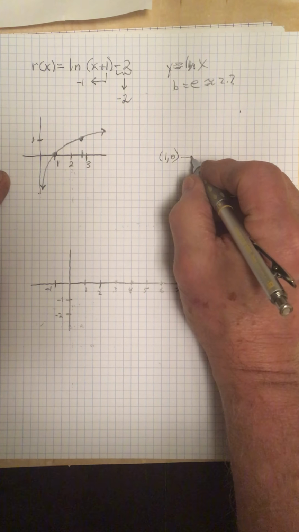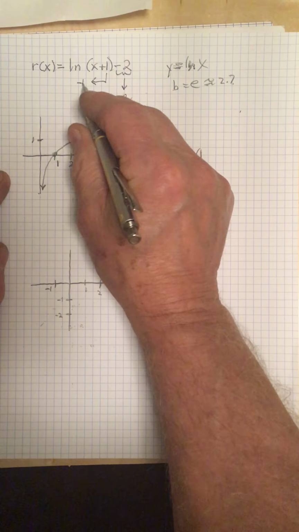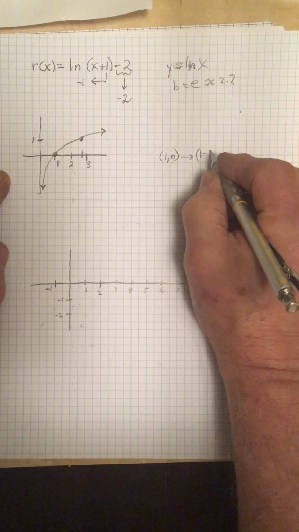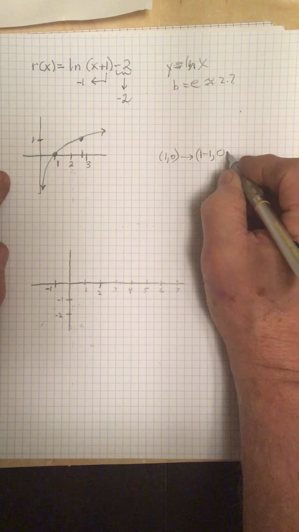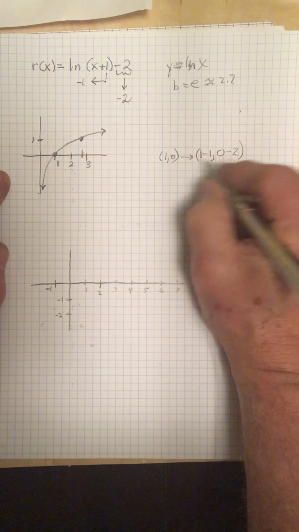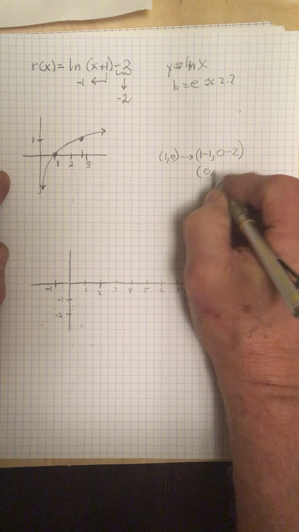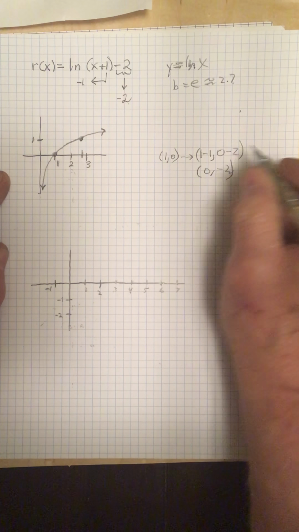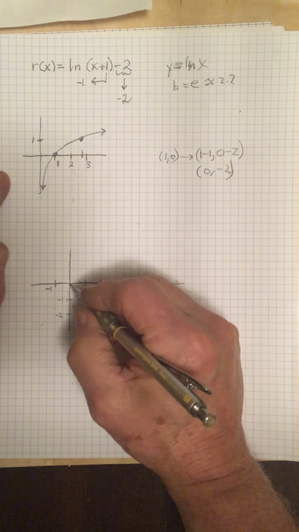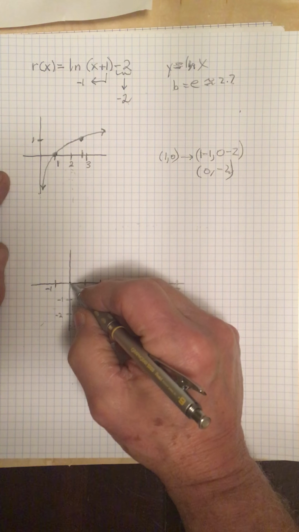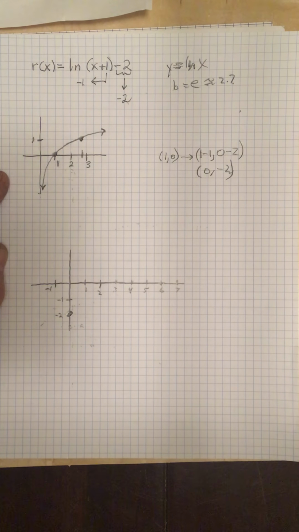But where would this point go? X equals 1, but I'm moving left 1. Y equals 0, but I'm moving down 2. So if I calculate this out, we have the point 0, -2. So this point is going to go over to 0 and down to -2. So we have a new point there.